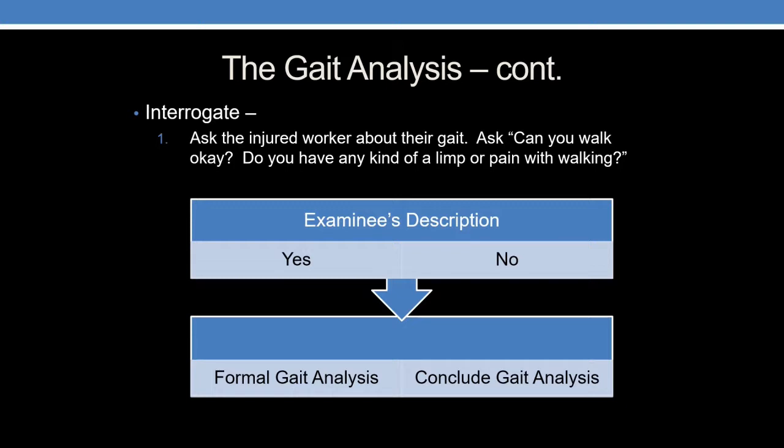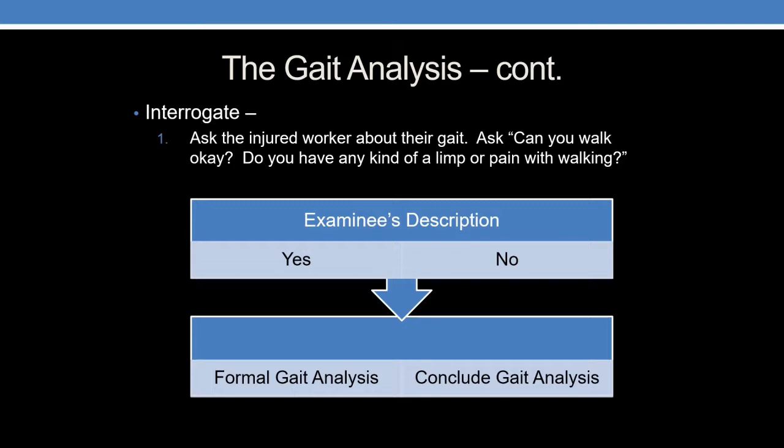You interrogate the injured worker because many times some of these gait disturbances may be subtle, and you might not notice anything obvious in the short distance between the exam room and the waiting room. That's where you can elicit the examinee's help in defining whether or not there actually is some sort of gait disturbance. Now, if the examinee answers in the negative, meaning they say no, they don't have any kind of gait disturbance or limp, they can walk okay, then in essence the gait analysis is pretty much over.